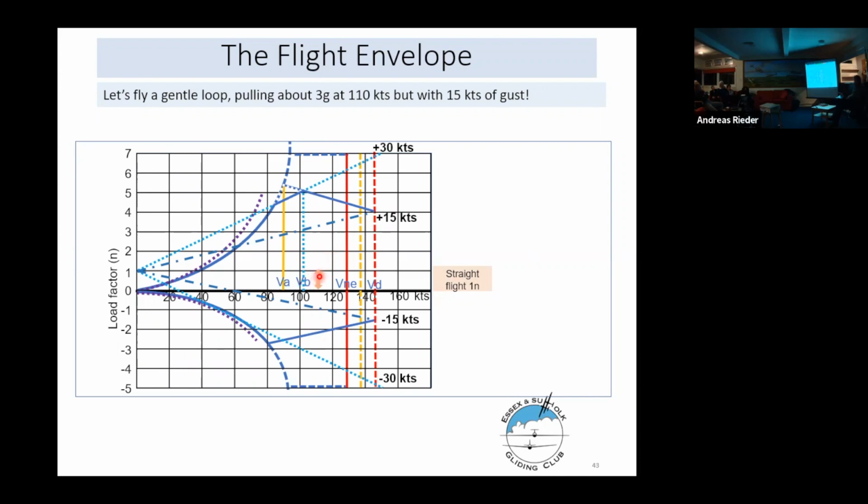But a 15-knot gust will add 2 and a bit load factor. So we'll add that line there, and we've hit a weak gust. Now we're in the middle of our loop, and we're pulling another 3G.